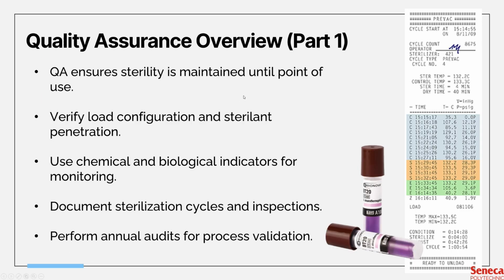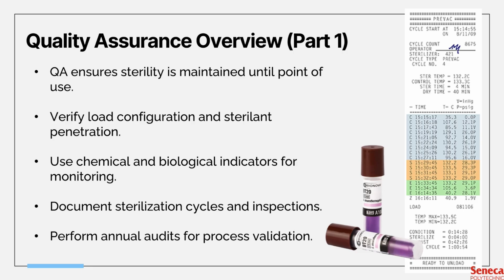Of course, quality assurance overview, part one. Every MDR department must have a quality assurance program to verify that sterilization processes remain consistent and effective. Quality assurance ensures that the container system maintains sterility until the point of use.